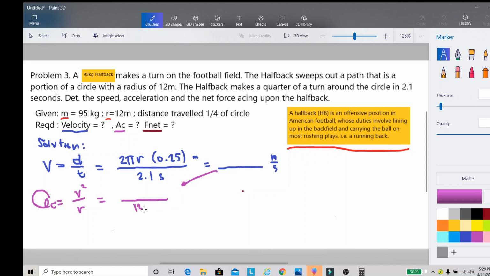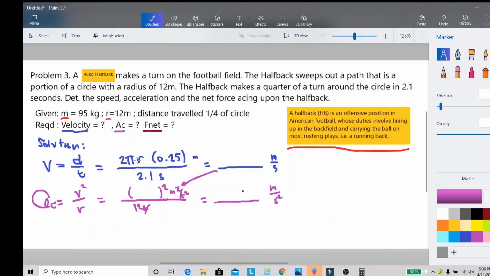This will have a unit of meters squared per second squared, divided by another meter. One meter will cancel out, therefore we will be having meters per second squared. That's the value of our a.